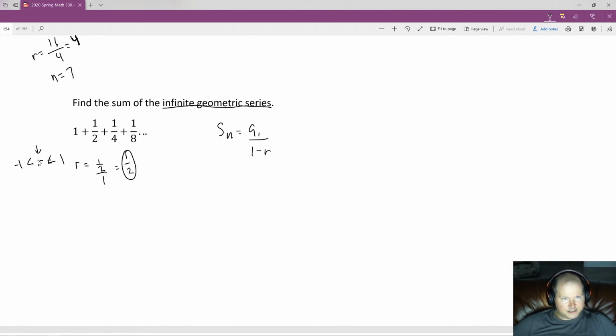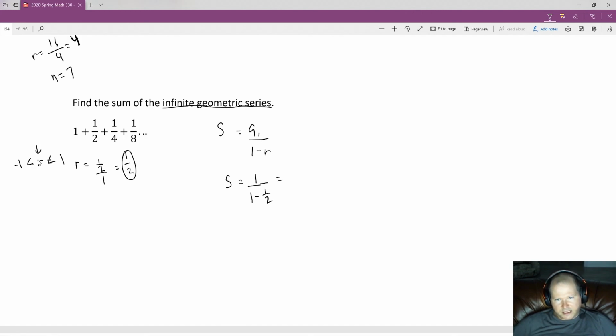We can actually find the sum of an infinite series. Okay, so we want to find the sum. So what we do is we're going to say S, we don't need the n anymore because this is infinite. We're going to put the first term here, which is a 1. And we are going to divide it by 1 minus 1/2.